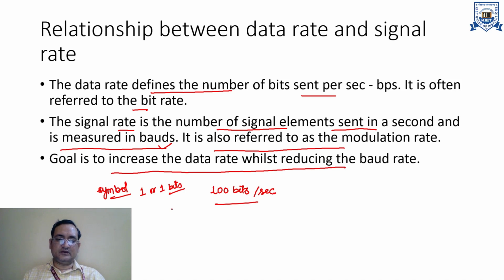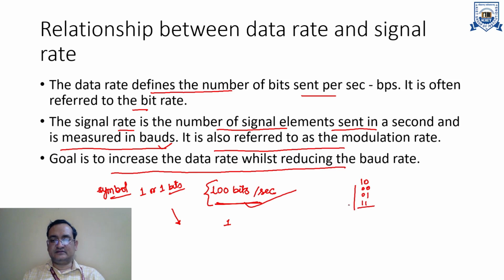This is required because if you are transmitting one bit stream, let us suppose with 100 bits, then you need a 100 bps data rate. That means the required bandwidth will also be 100 bits per second. But if I bind 2 bits in a single symbol, using 2 bits per symbol, that means we have 4 representations of symbols.